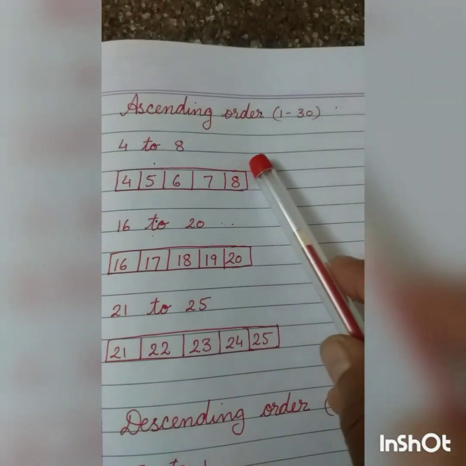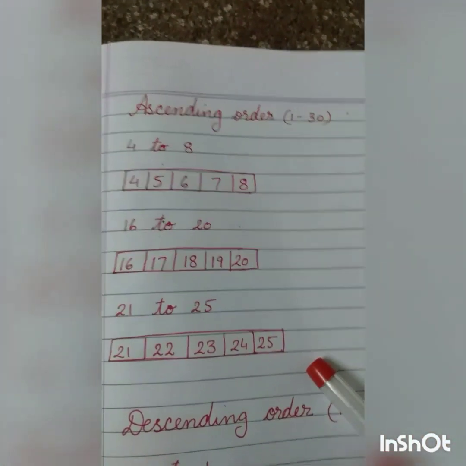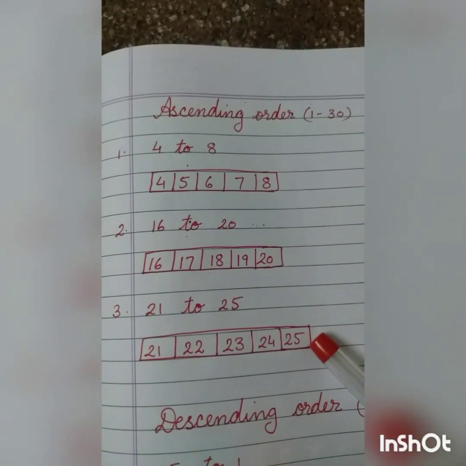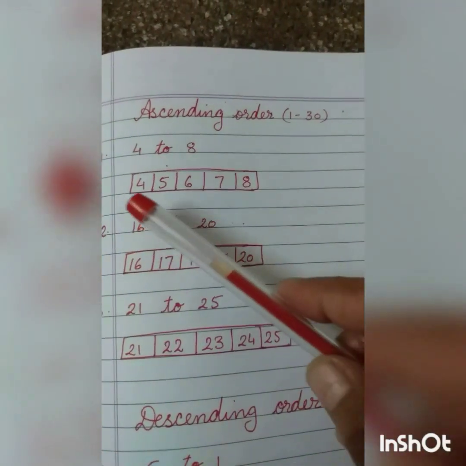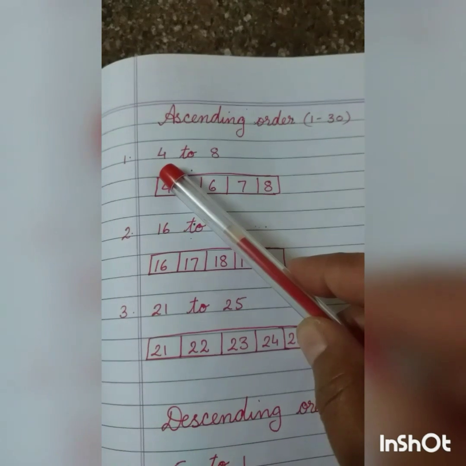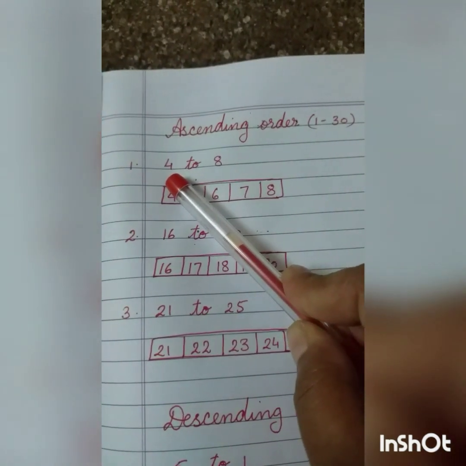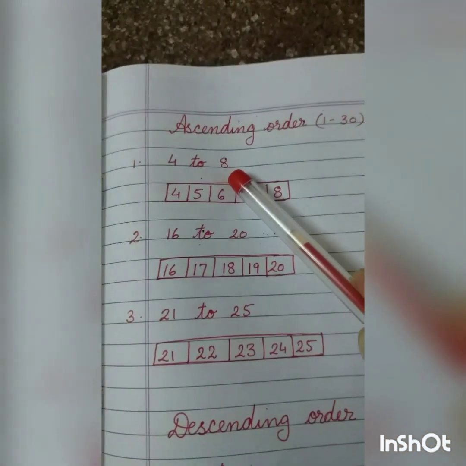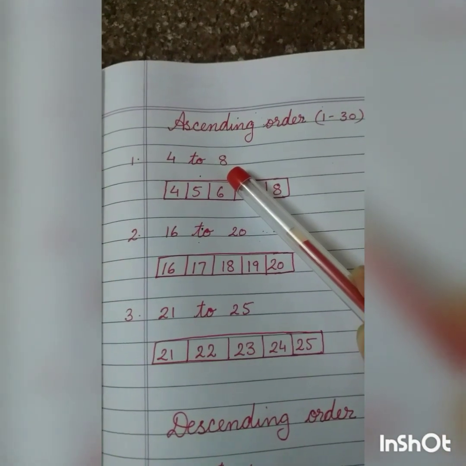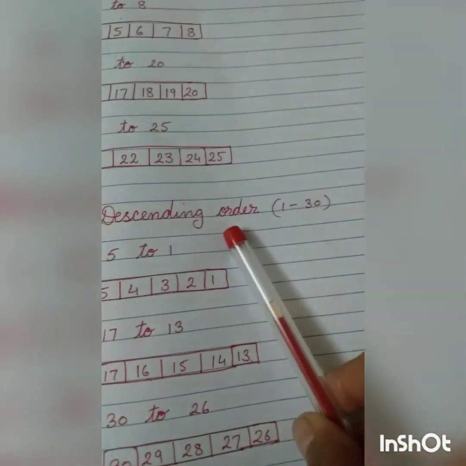So I hope you understood ascending order. It is just forward counting. We have to see from which number we have to start and at which number we have to end.